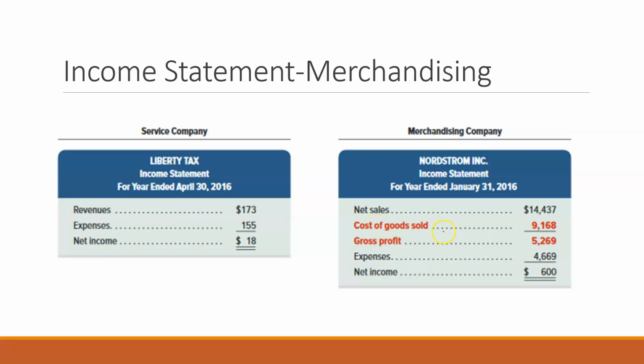And we're going to add on to this, actually, because we're going to move in this class from merchandising to manufacturing, and we're going to see how that impacts the income statement and balance sheet with different kinds of inventory.